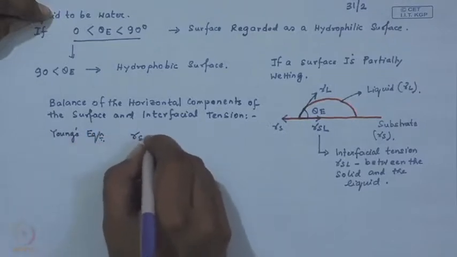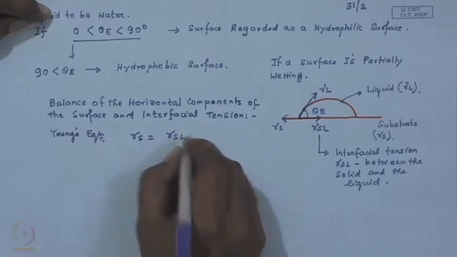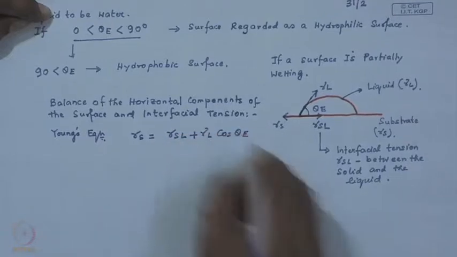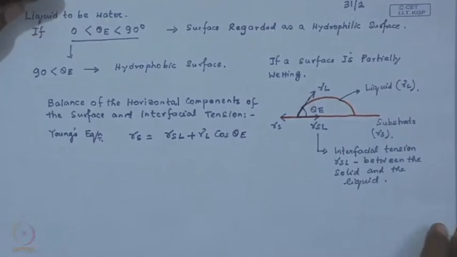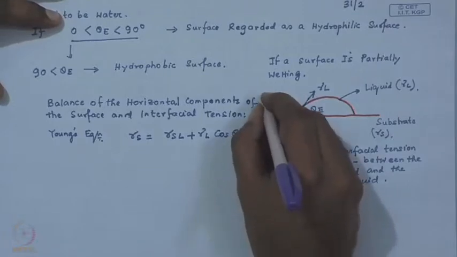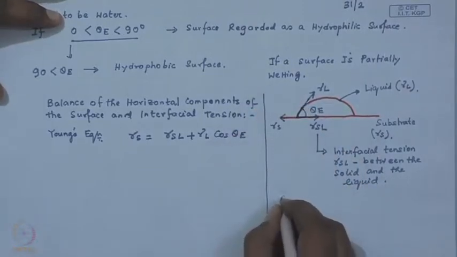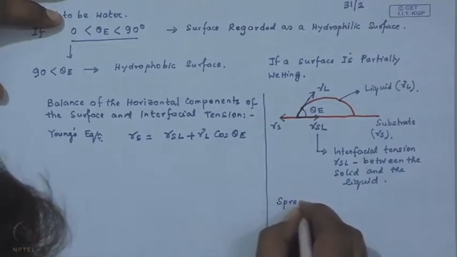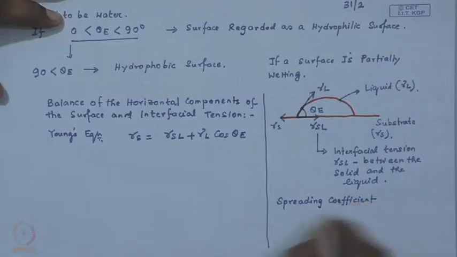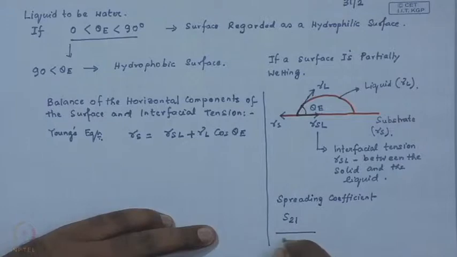As gamma S is equal to gamma SL plus gamma L cos theta e. But in the previous lecture we had also defined the spreading coefficient, so it may not be a bad idea to quickly recap its expression. S21, where we just use the notation like this.